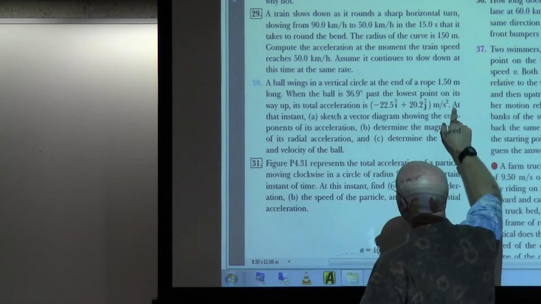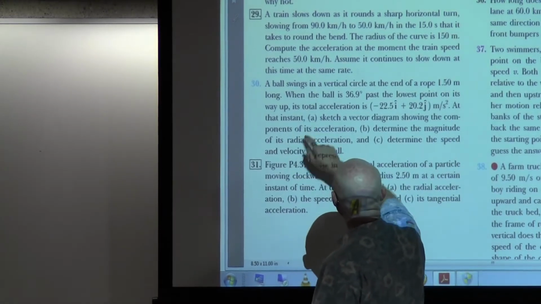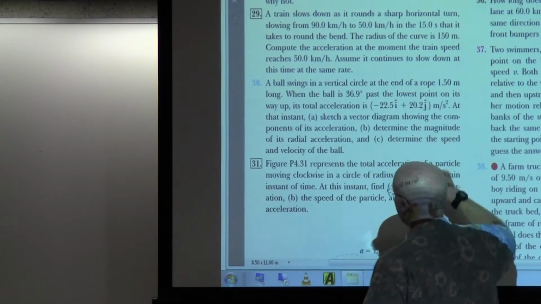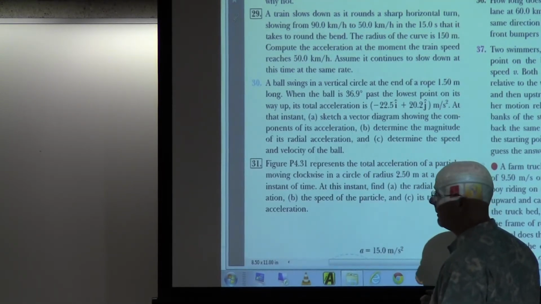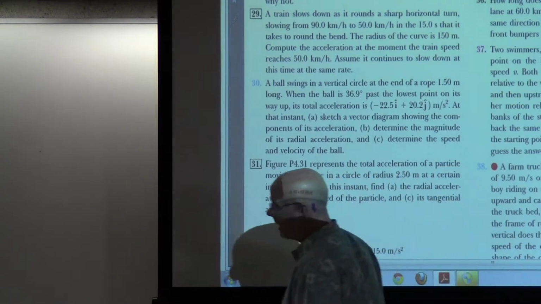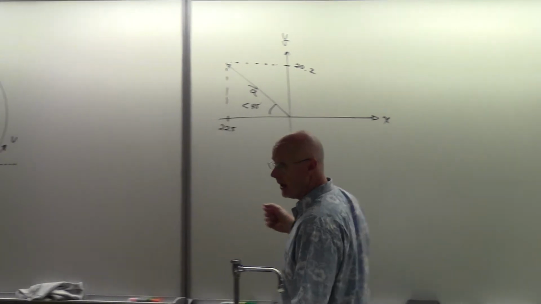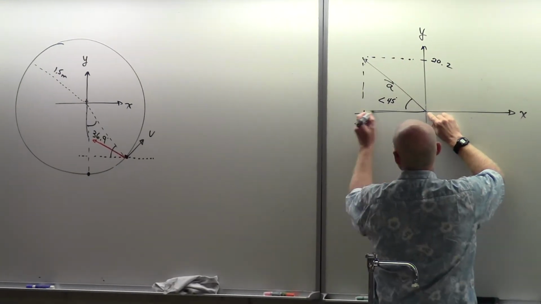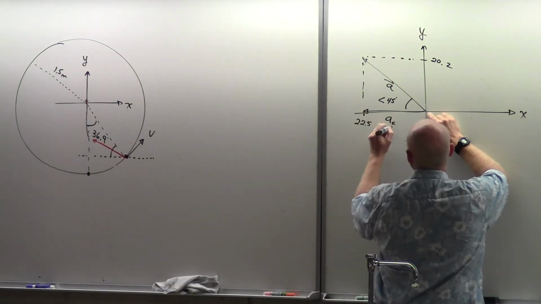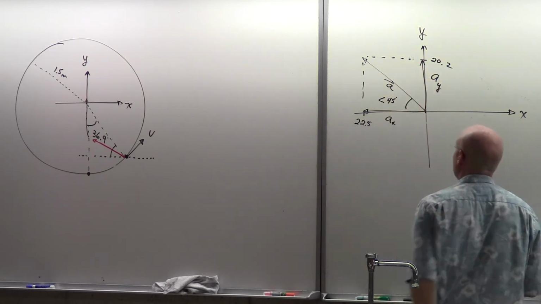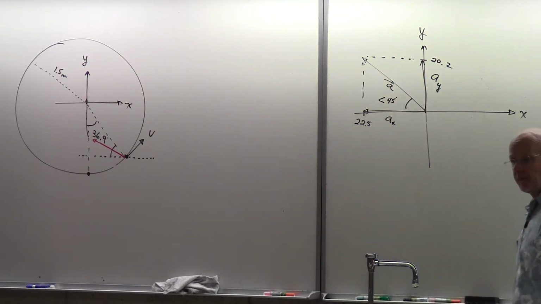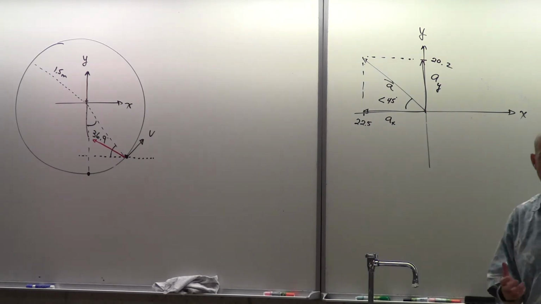Now here it says, at that instant, a, sketch a vector diagram showing the components of the acceleration. Well, I suppose that's really what I did right here already. So I guess I've done a. This right here is the x component, and this right here is the y component.